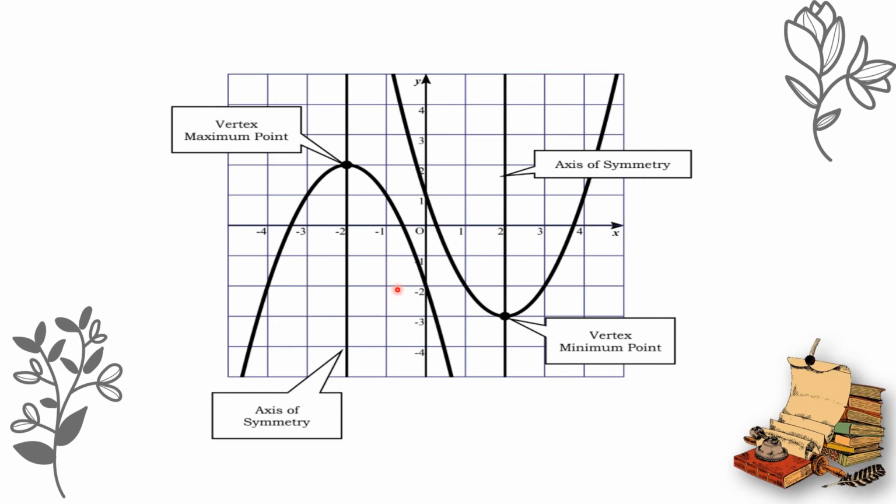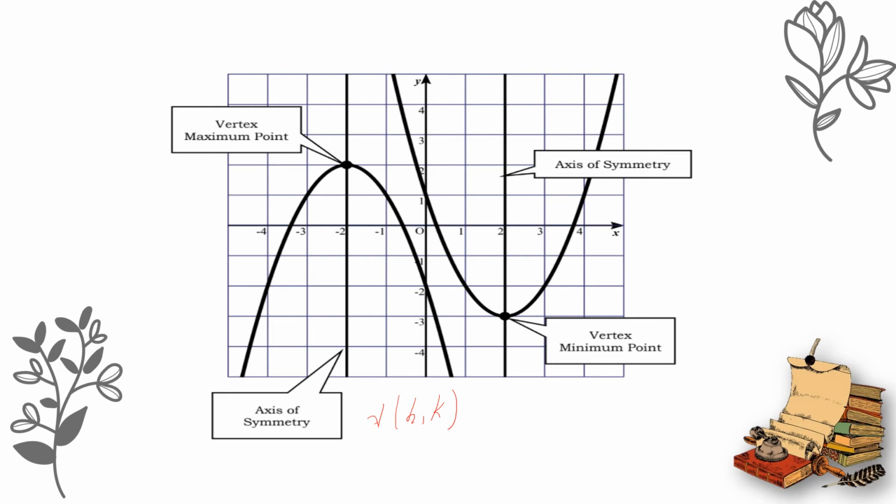If the quadratic function is expressed in the vertex form, y is equal to a quantity x minus h squared plus k, and that is the vertex point. So, ang vertex point po natin ay yung v, and that is your h at saka yung k value, vertex point.